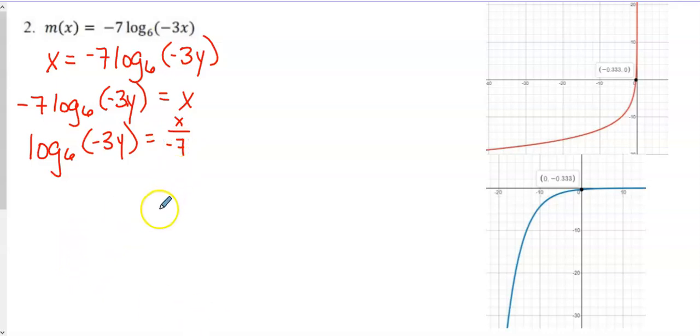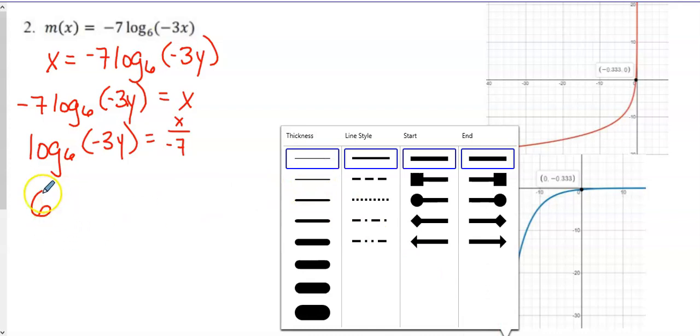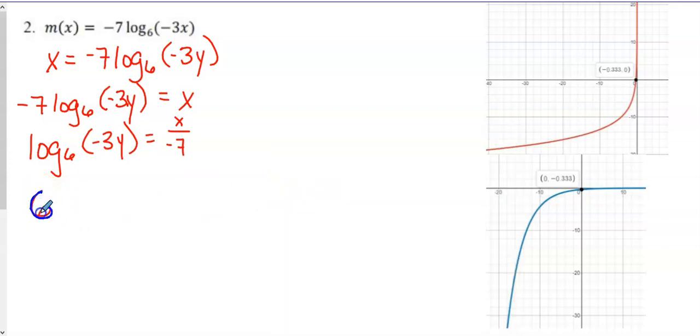So I'm switching over to the exponential form now. Remember, the 6 is the base. 6 is the base. The x over -7 is the exponent. And the -3y goes over here.